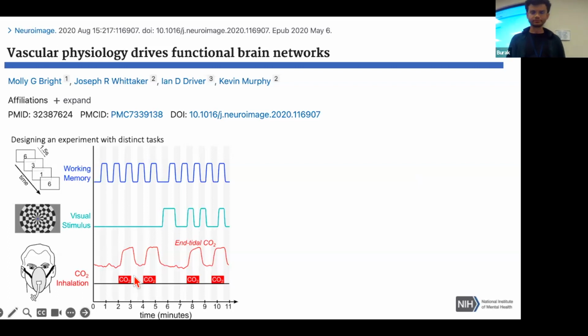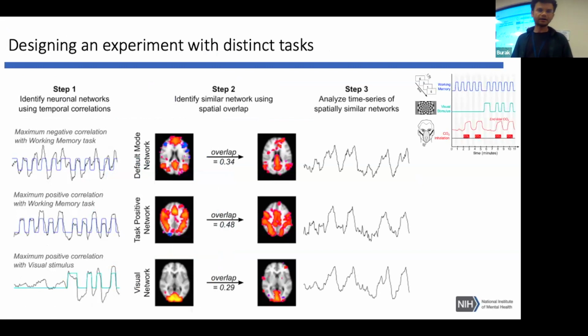If you do that, you start to see the networks appear to be similar, in other words, spatially overlapping. On the left, you see a working memory task, these areas, but on the right, you see activity that is CO2 related. And there's a huge amount of overlap, and similarly with visual, in visual areas too.